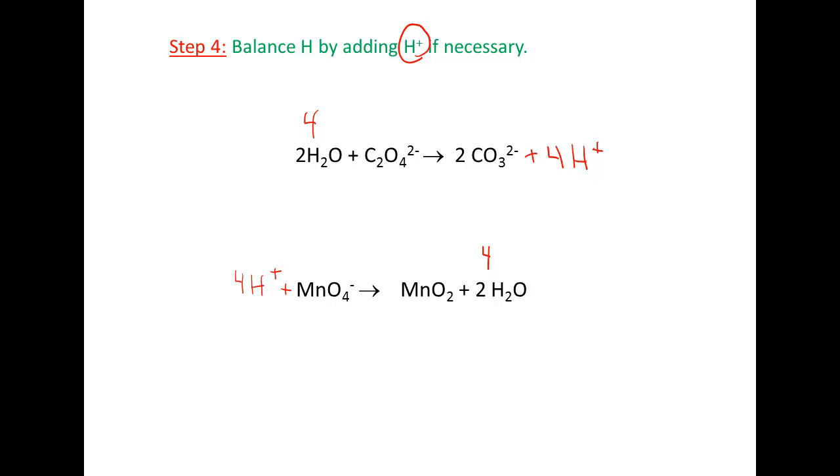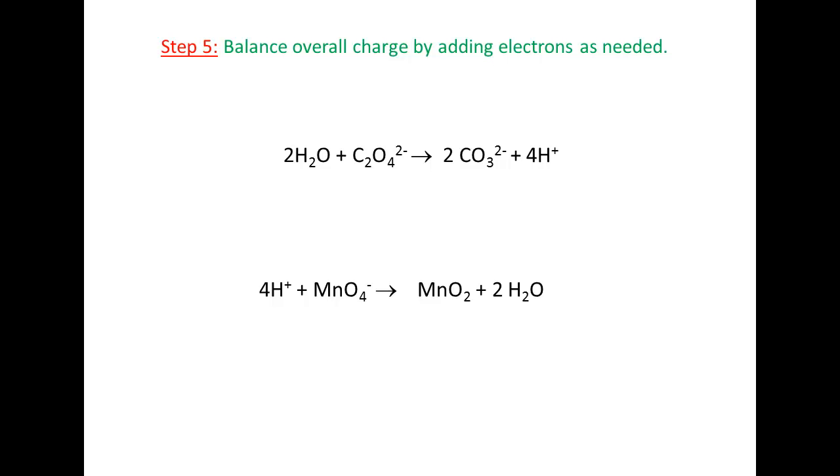Let's go on to step 5. Now we have all of our atoms balanced: hydrogens, carbons, oxygens, and manganese. Now on each of these, we're going to balance the overall charge by adding electrons.